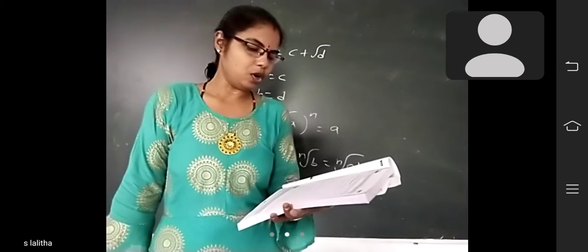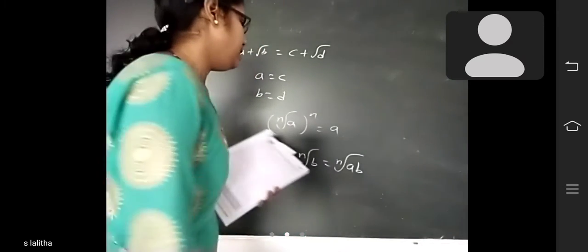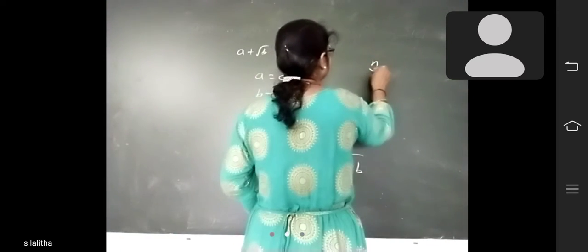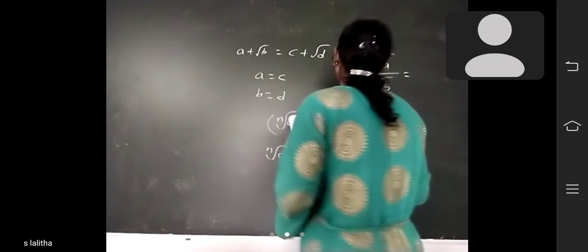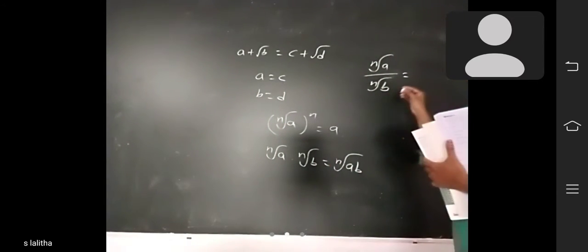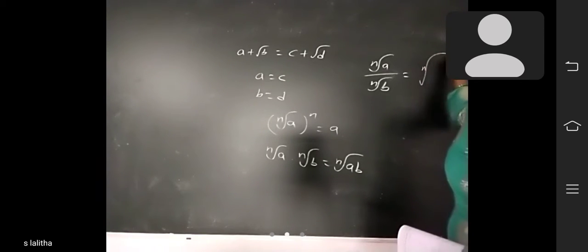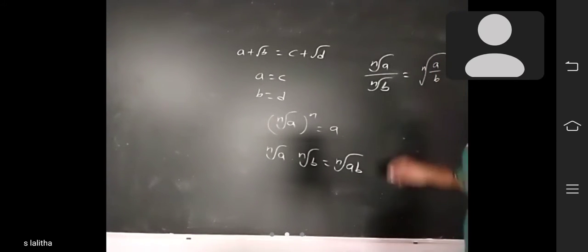If n is a positive integer and a, b are rational numbers, then nth root of a by nth root of b is equal to nth root of a by b.